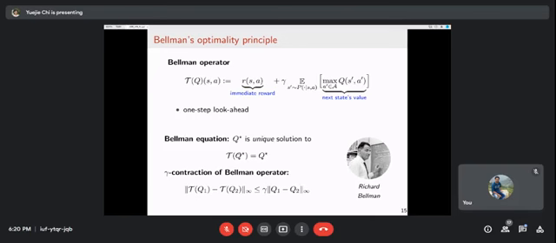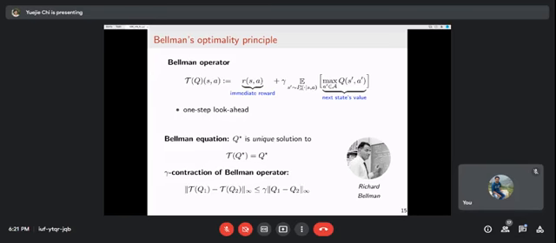So if you can solve this fixed point equation, you solve the dynamic programming problem. We also know this Bellman operator is a gamma contraction with respect to the L infinity norm. And this is an important property so that we can devise efficient algorithms to solve this Bellman equation, such as policy iteration and value iteration algorithms. Notice that in this Bellman operator, we are actually assuming we know the transition kernels. So if we know the model, we can directly use this classical approach.